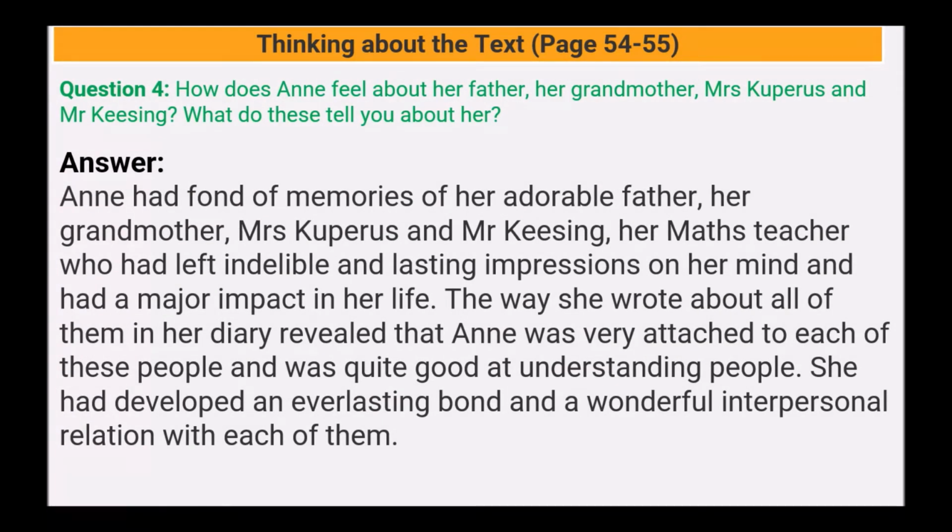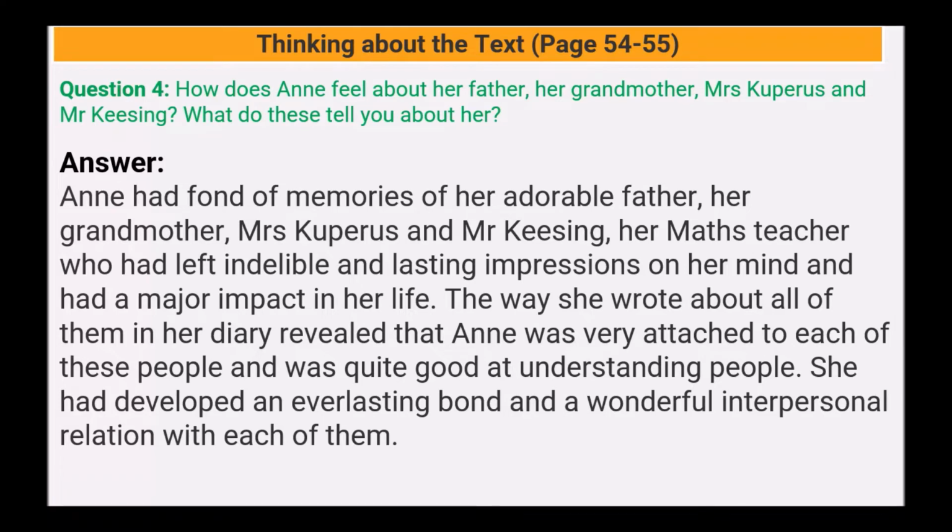Next, how does Annie feel about her father, her grandmother, Mrs. Kooperus, and Mr. Kinsey? What does this tell you about her? Annie had fond memories of her adorable father, her grandmother, Mrs. Kooperus, and Mr. Kinsey, her math teacher, who had left an indelible and lasting impression on her mind and had a major impact in her life.